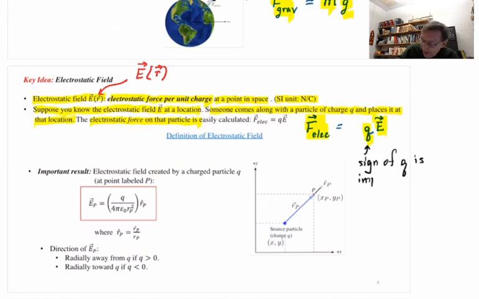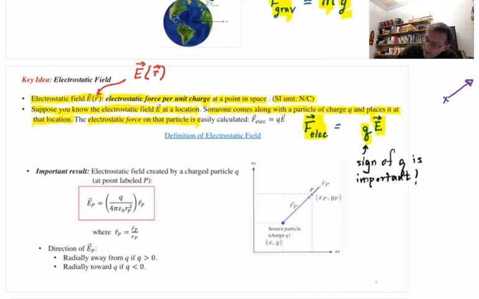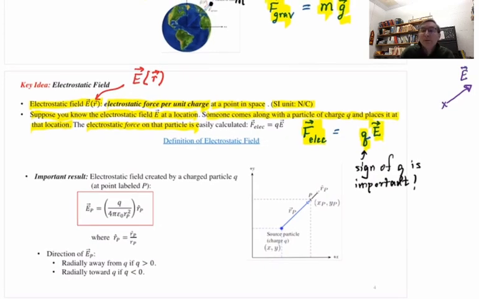Let's talk about why. Let's say we already know at a certain point in space the electric field. Here we are at a certain point in space. And let's say the electric field vector there, caused by some charges, sorry, that's a little bit out of view, isn't it? Is in the direction I've just drawn.